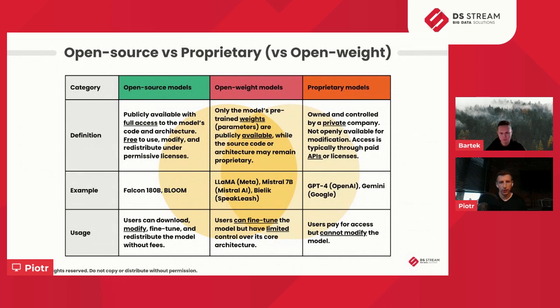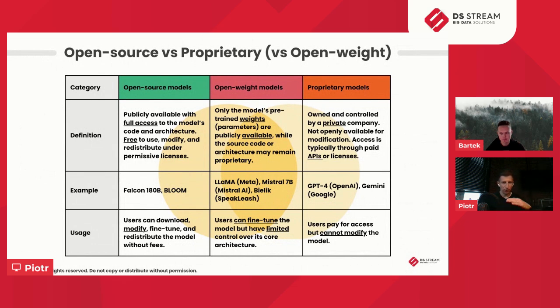Remember that we are talking about large language models, so LLMs. Starting with open source models: those are models that are openly available to anyone, with full access. I don't want to go into too much detail about the architecture, but remember that LLMs are not only the thing that you see at the end.